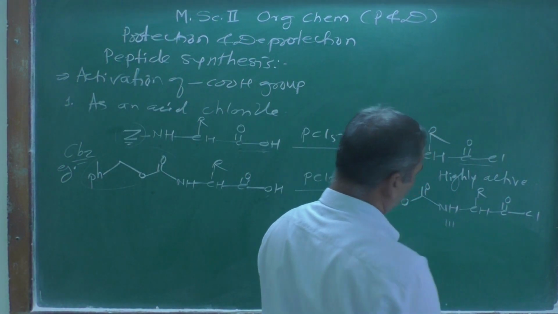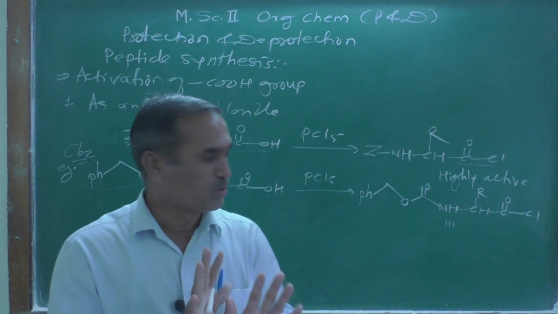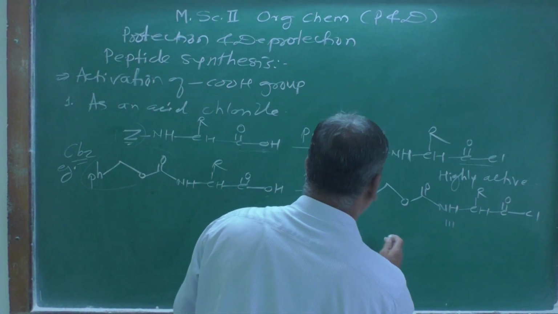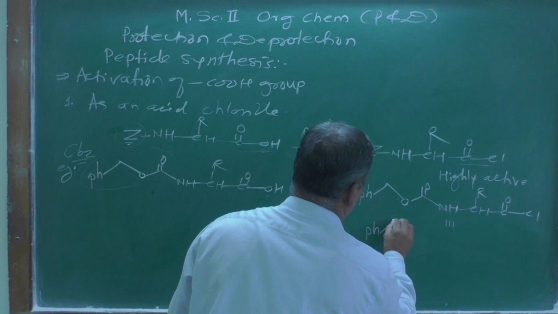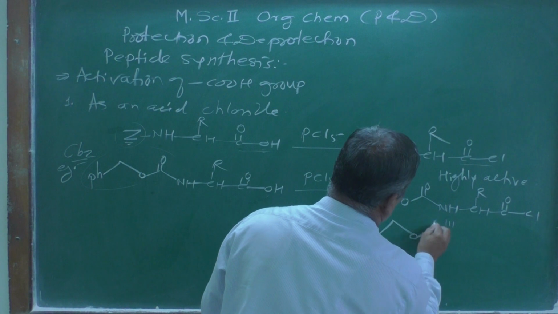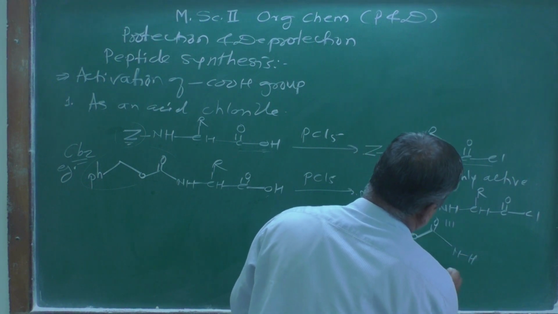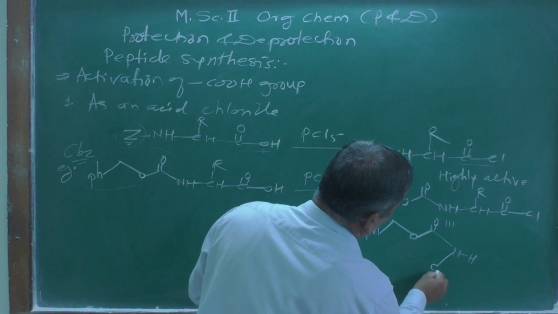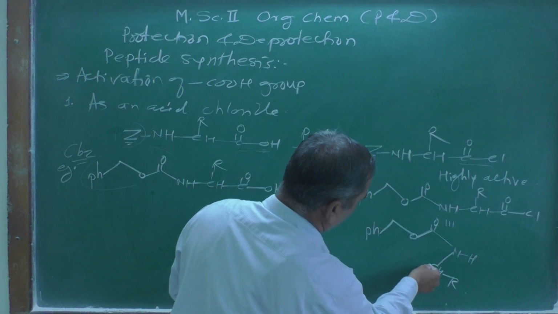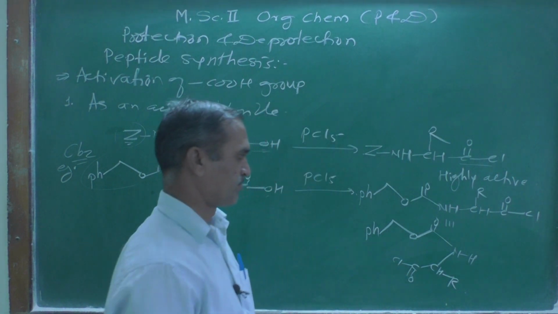Now this three-line symbol indicates the benzene ring, so we can write this group in this manner: Ph, then O, then C double bond O, then NH, then CH, R, then C double bond O and Cl.